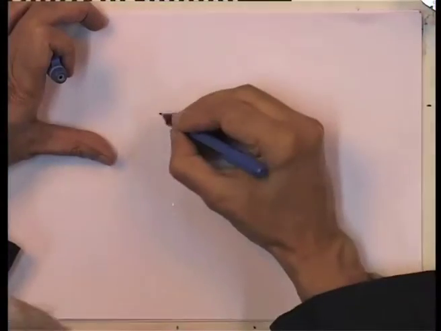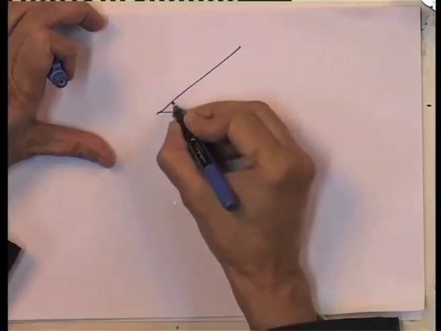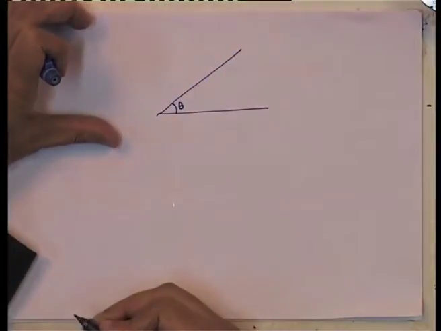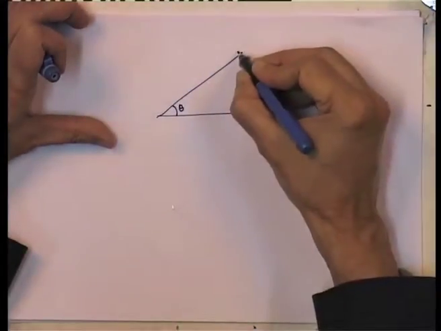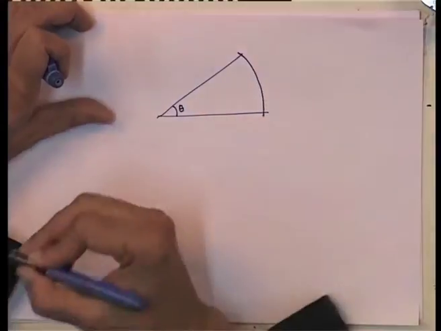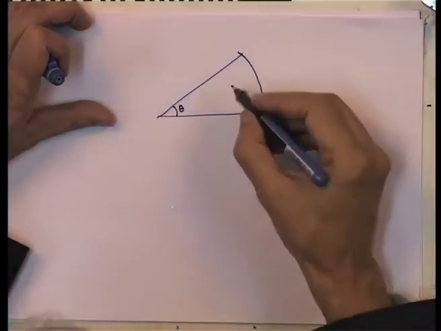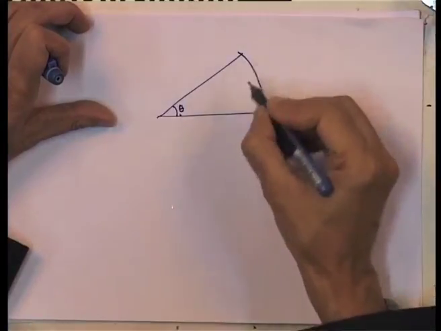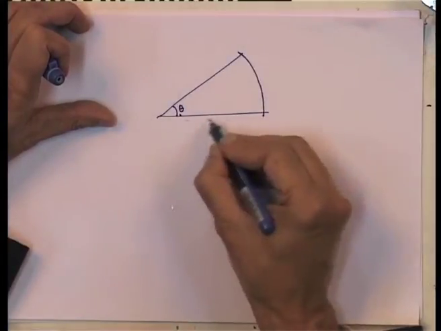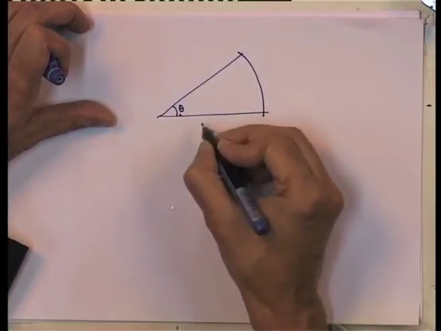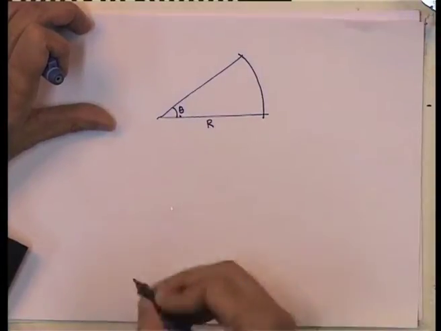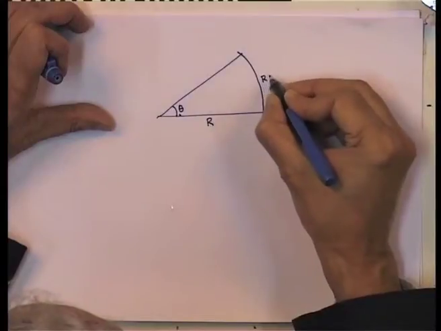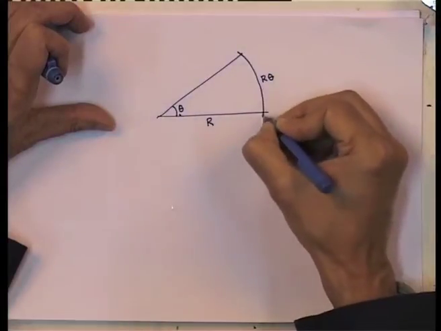Supposing you have this angle theta. What is this angle theta? You draw an arc there, and this angle theta is related to the length of the arc and the radius. So, if this is radius r, then r times theta is the length of the arc.